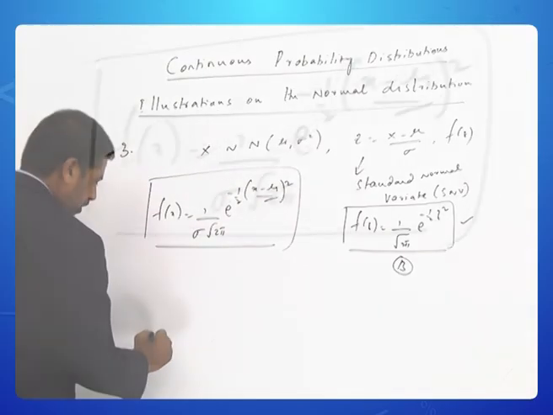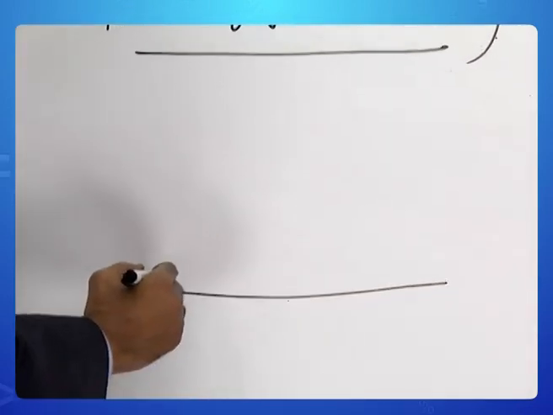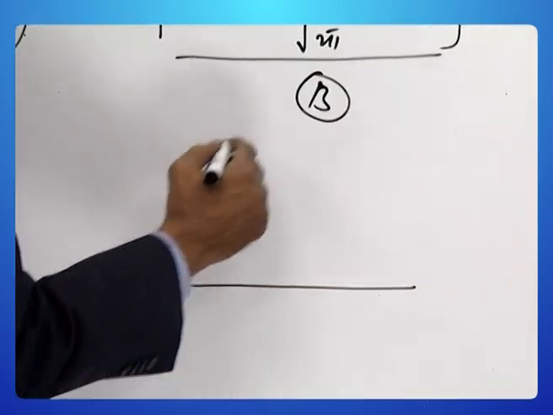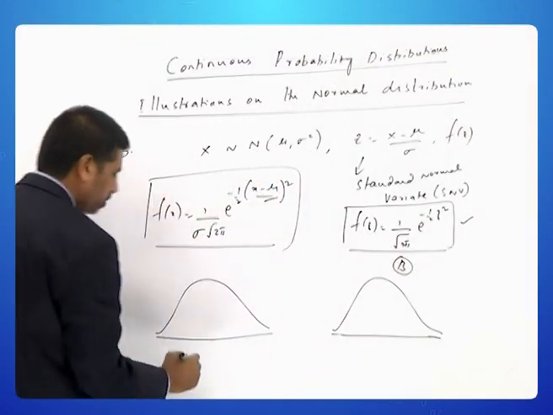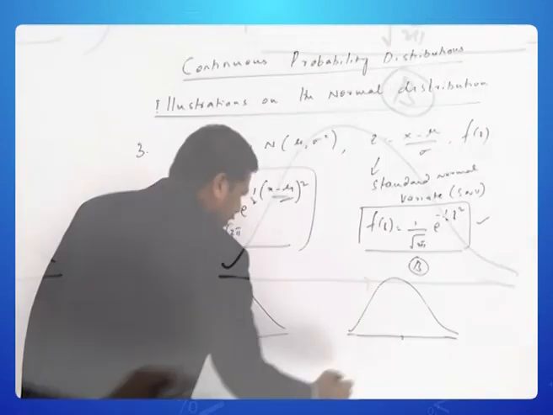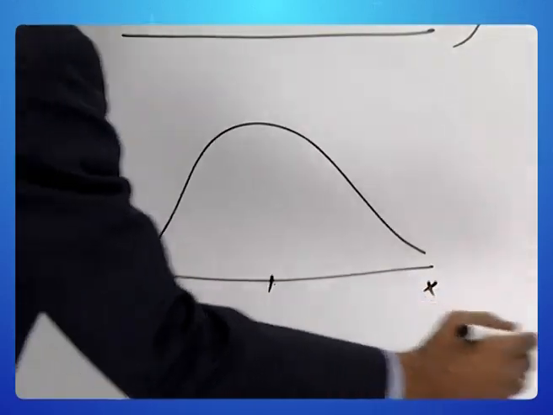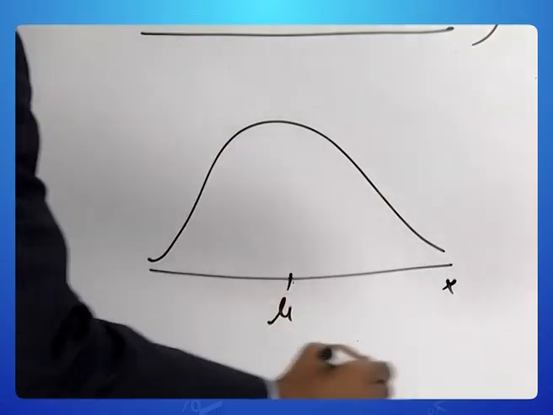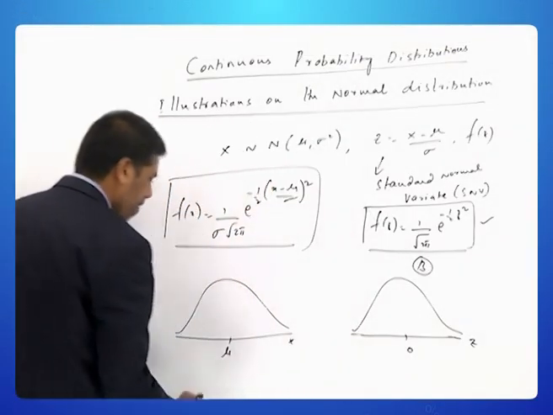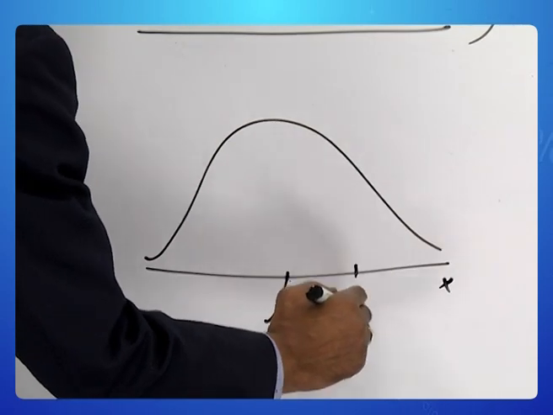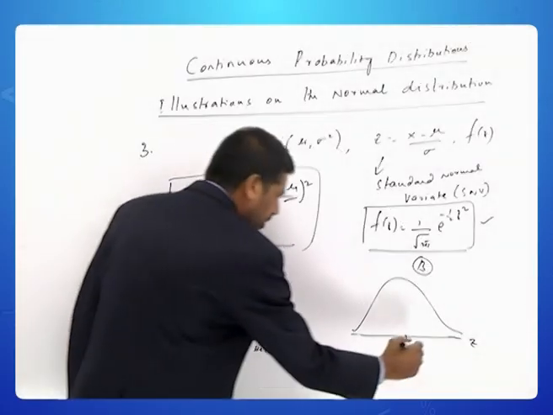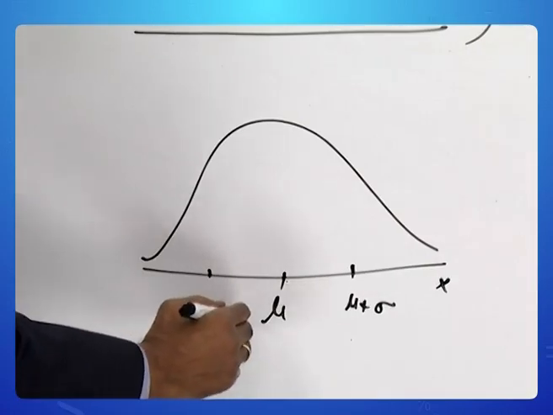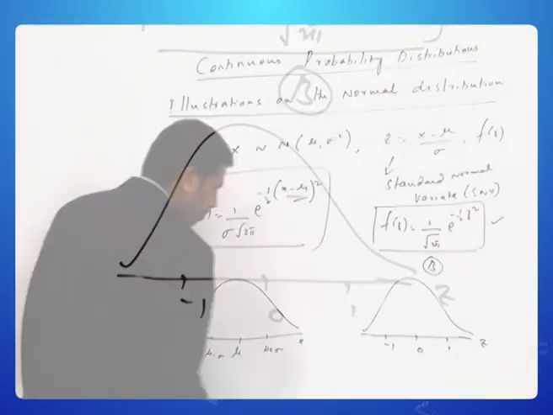And once again, for the benefit of students, I would like to compare the graphs of the density function of both the densities. This is x, this is z, this is mu, this is 0, this is mean plus 1 standard deviation, this is 1, this is mean minus standard deviation, this is minus 1.